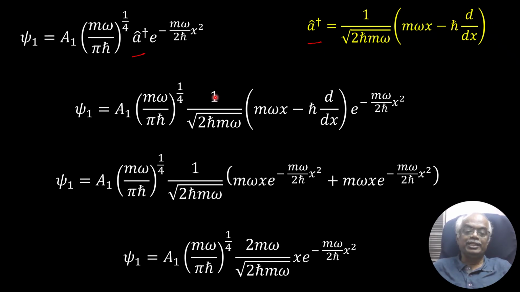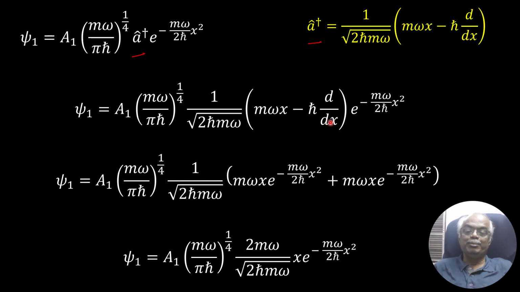So you replace a dagger by 1 over square root of 2ħ m omega, whole thing multiplied by m omega x minus ħ d by dx, then this exponential term. Now you bring the exponential term inside, then you will get m omega x times this exponential term.